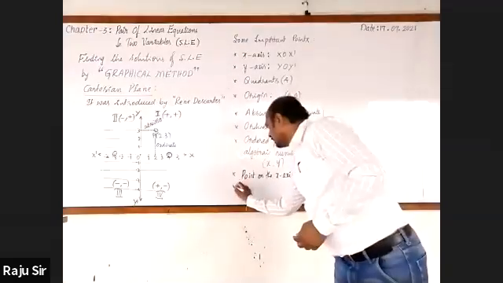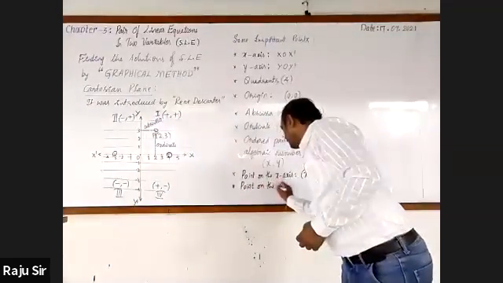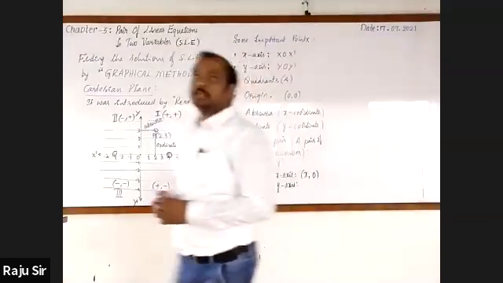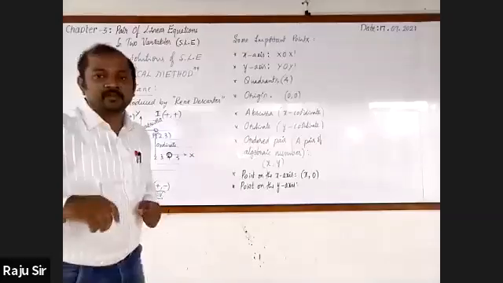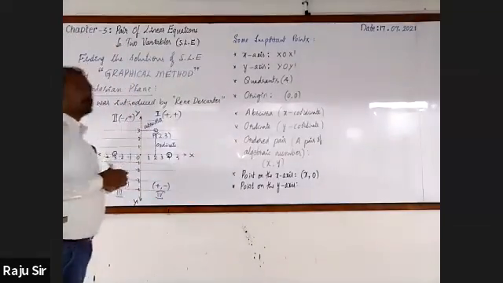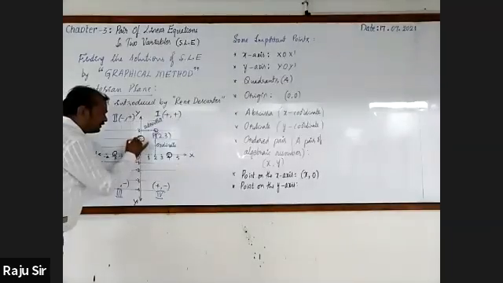Next, when the point is on the y-axis, what do you say? 0, comma y. Here, I'm locating the point here.